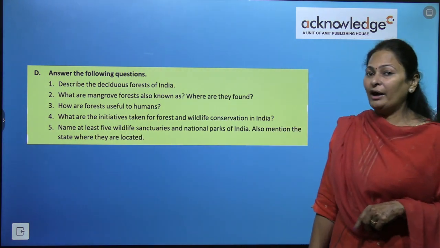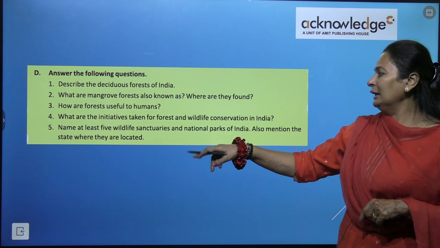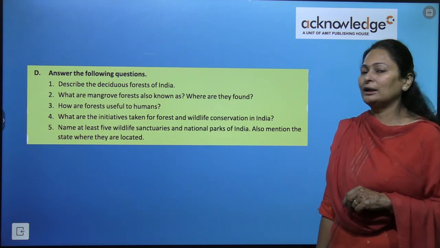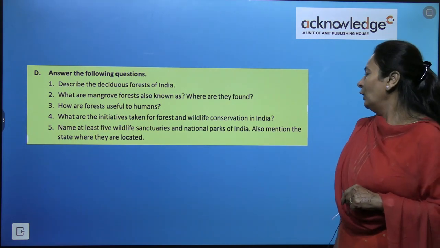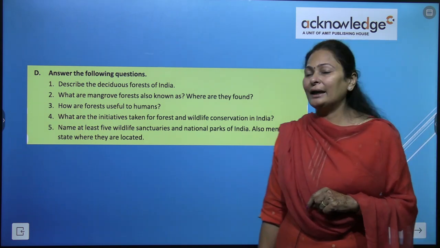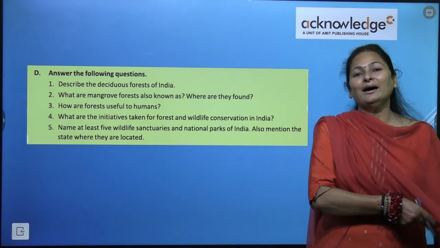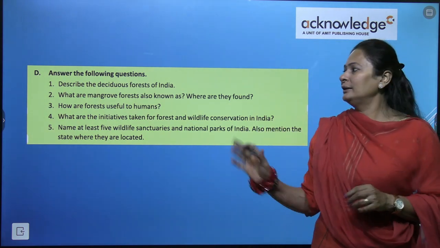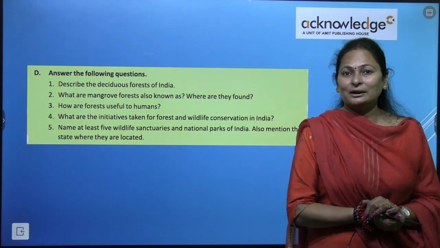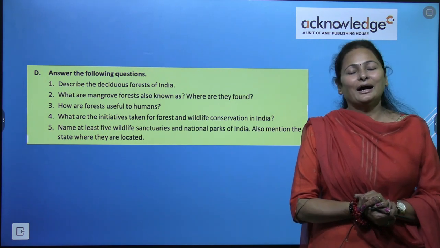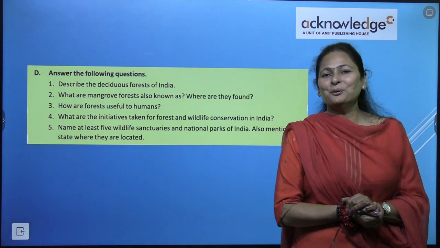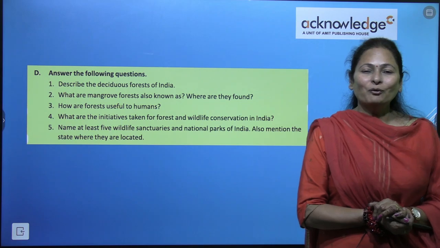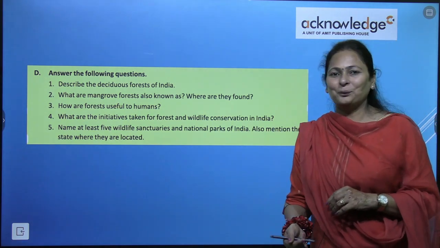Name at least five wildlife sanctuaries and national parks of India. Also mention the state where they are located. So kids, we have already done these questions during the explanation of the chapter, right? I would appreciate it if you do them as your homework. So please do them on your own.